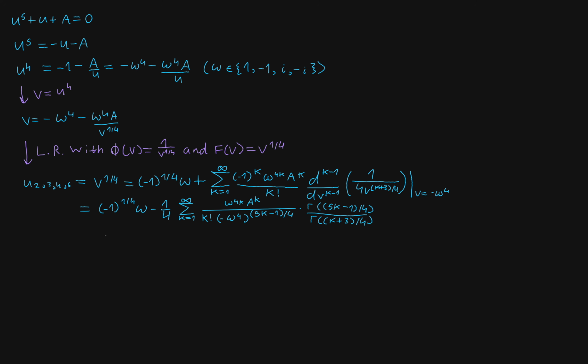And then once again, this is also going to be able to be collected, so we have minus 1 over 4, and start the series from k equal to 0 to infinity of, a little bit more rewriting here, minus 1 to the 1 minus 5k over 4 times omega to the 1 minus k times a to the k.